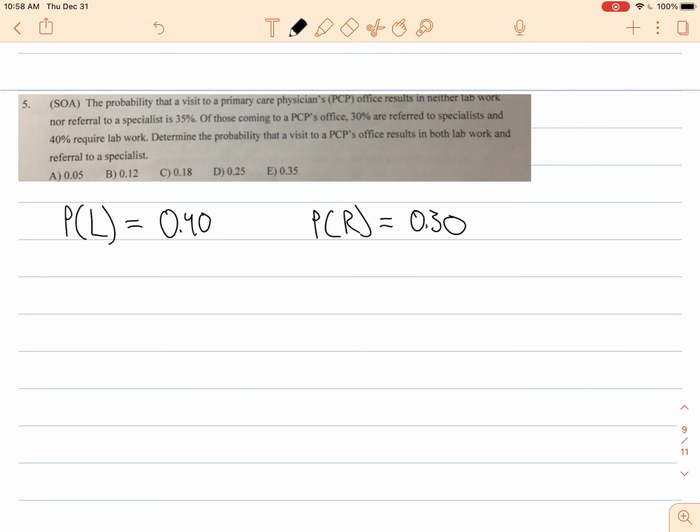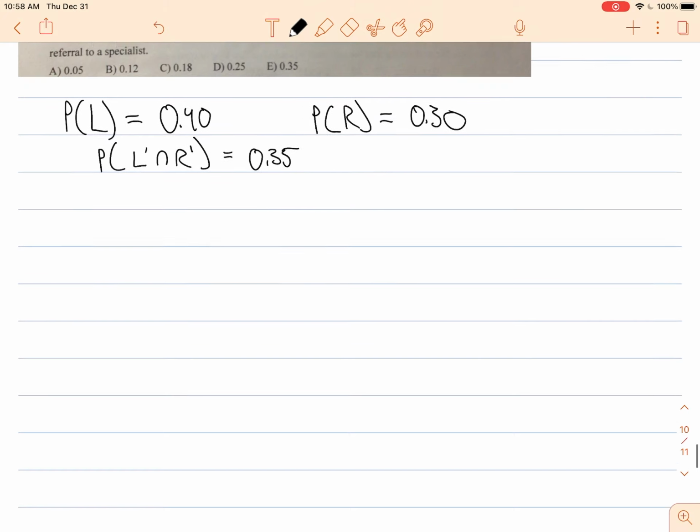And then those that visit and result in neither lab work nor referral, which is the intersection of their complements, that is 35%, right? So we can actually make this a Venn diagram.